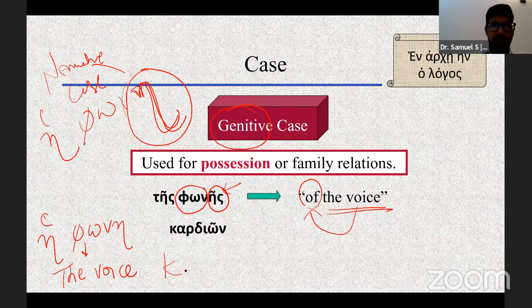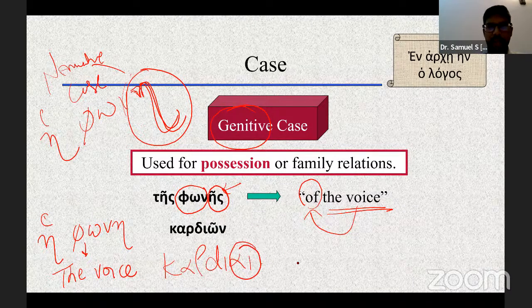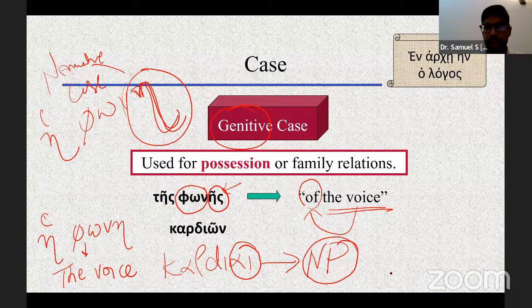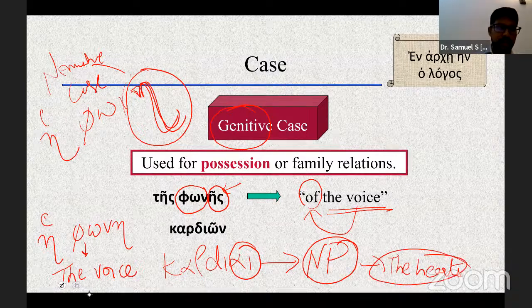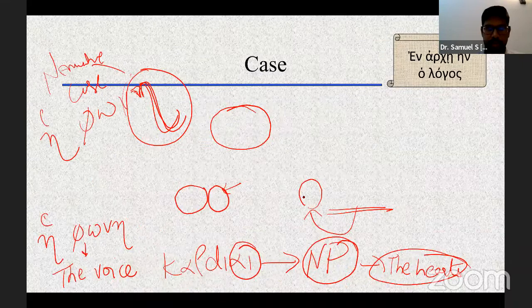Remember previously, the I ending communicated nominative plural, the hearts as the subject.